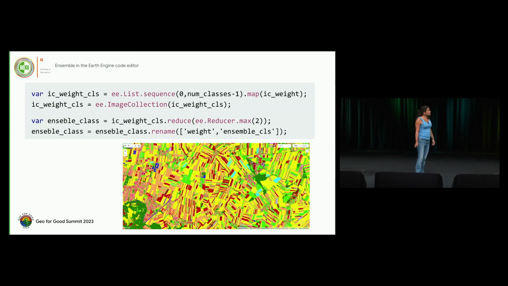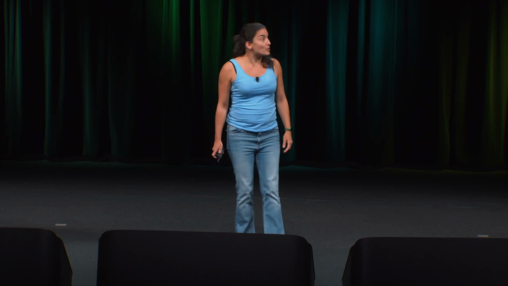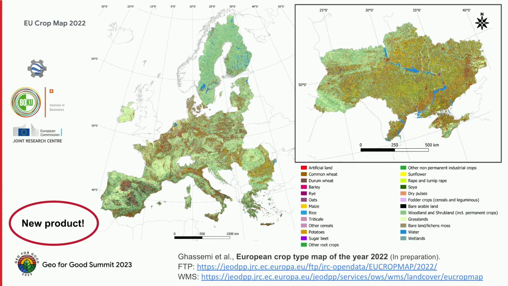Before I show you the demo that I prepared, I'm going to announce 2 important things. One of them is that if you are working with crop classification maps, in the following months there is going to be a new product, which is the European crop map of 2022.